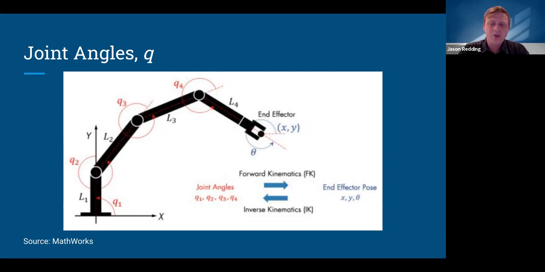In order to go from joint angles to an end effector pose, you would use forward kinematics. In order to go from an end effector pose to joint angles, you would use inverse kinematics. Our project uses forward kinematics to calculate the end effector pose and calculate the error between the model pose and the physical robot pose.